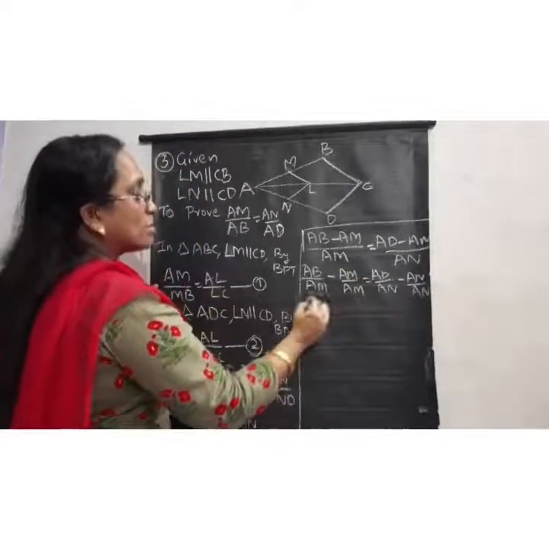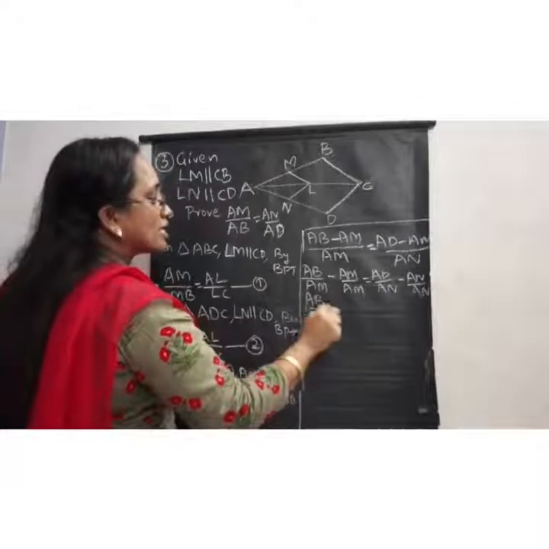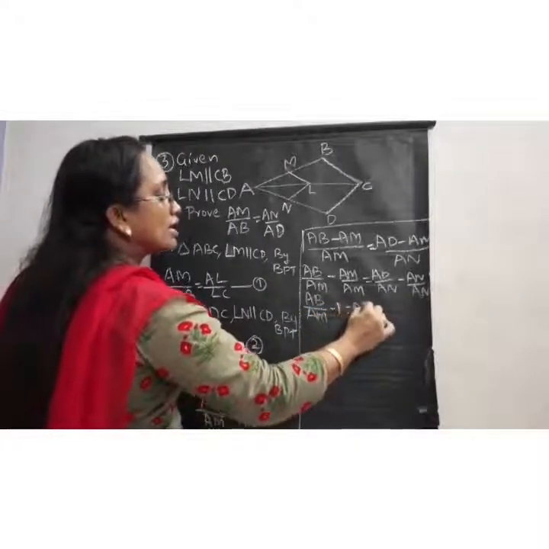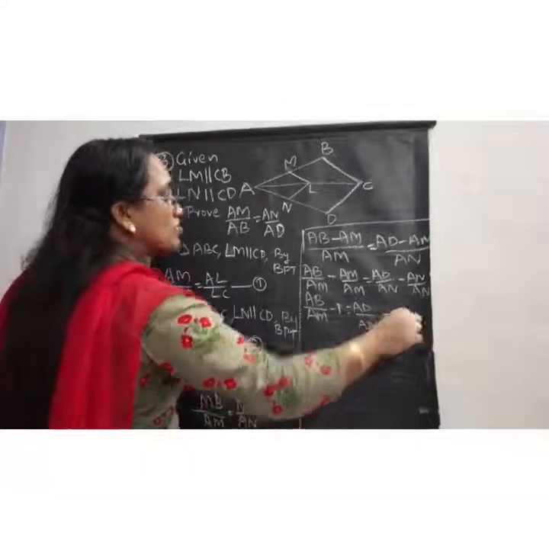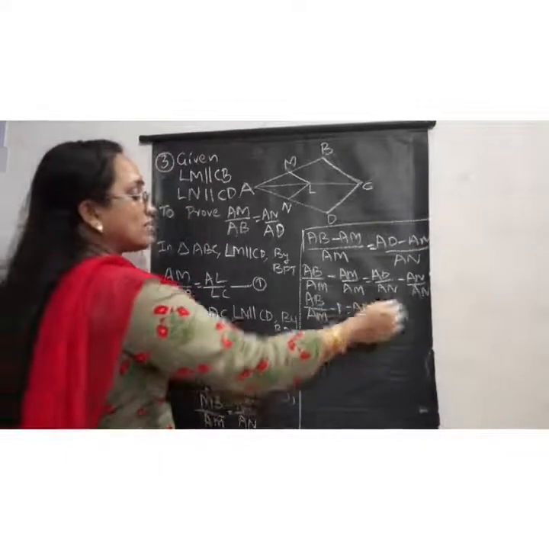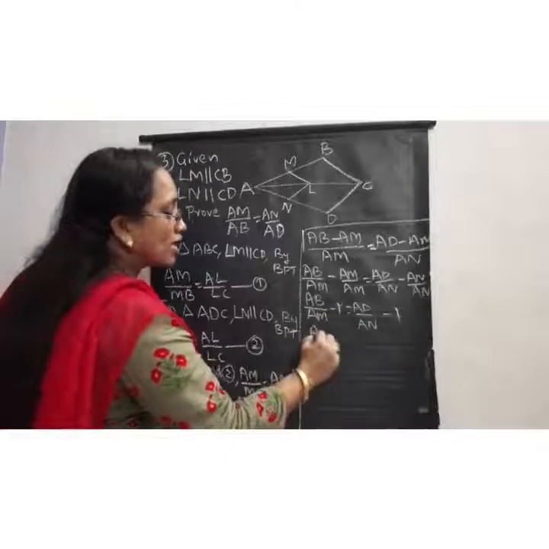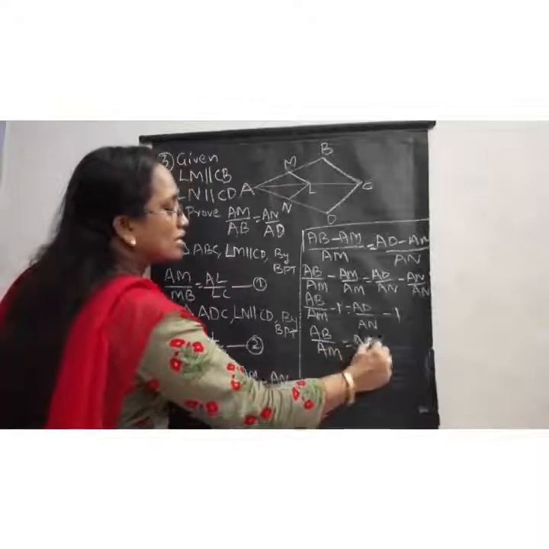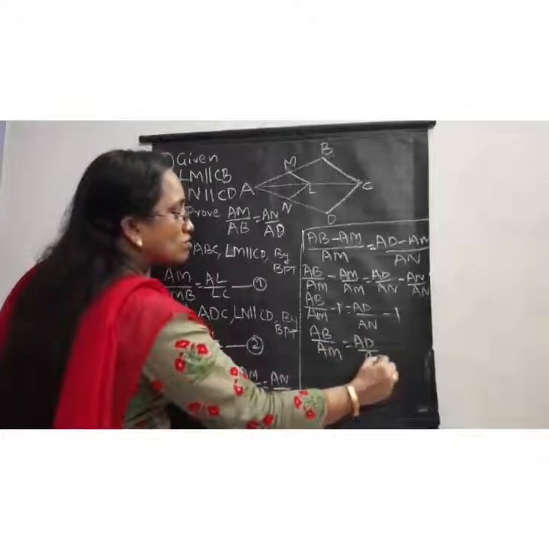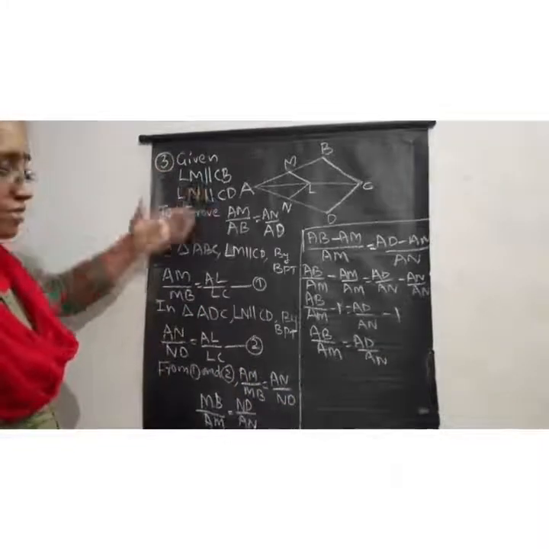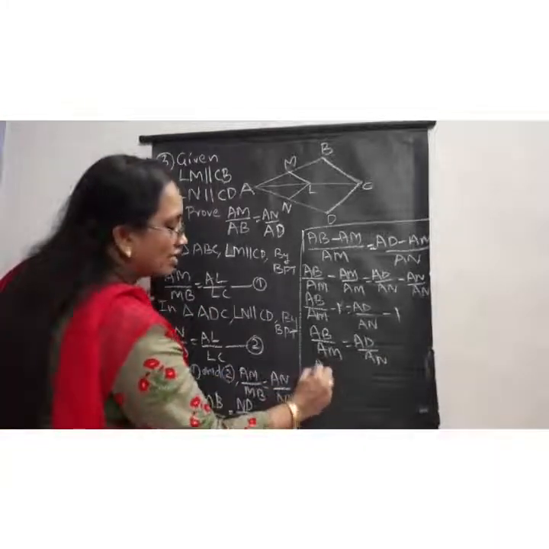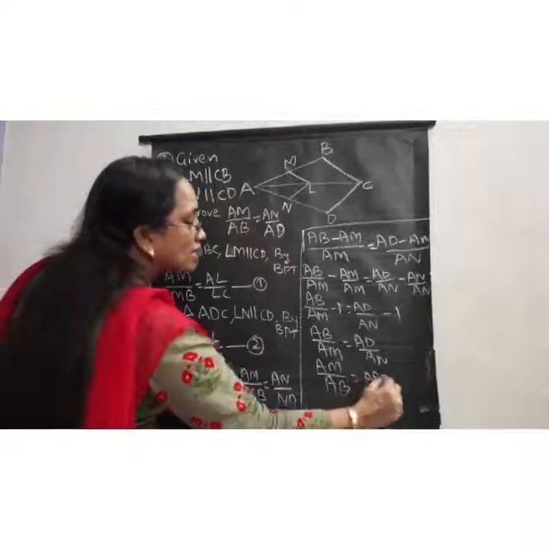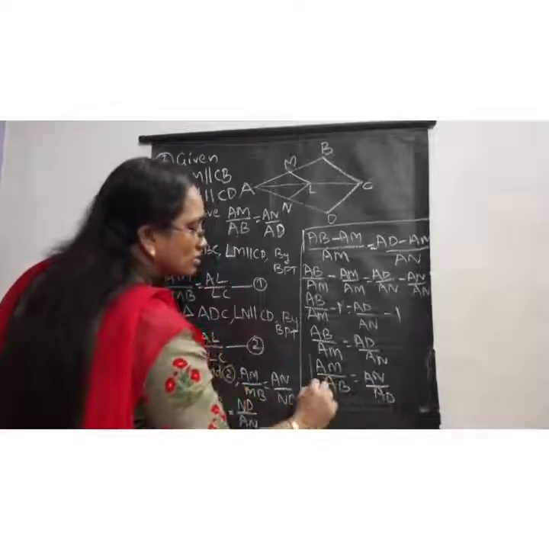AM by AM and AN by AN become 1. So AB by AM minus 1 equal to AD by AN minus 1. Then the minus 1 gets cancelled, so AB by AM equal to AD by AN. But we need the reciprocal, so taking the reciprocal again, AM by AB equal to AN by AD. This is the thing we wanted to prove.